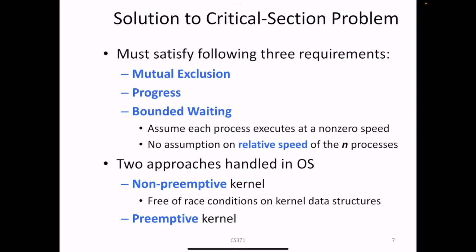The critical section problem may not only happen in user programs. It may actually happen in the operating system as well. For example, the data structure we mentioned in the previous chapter, called the task control block, is used to store all the task information. It is maintained as a linked list.